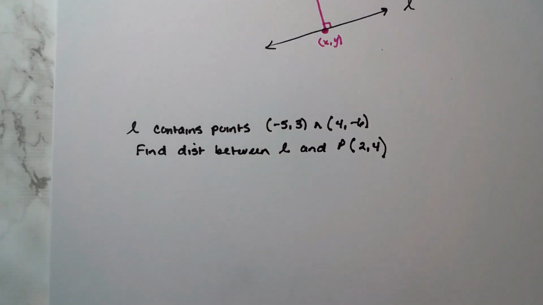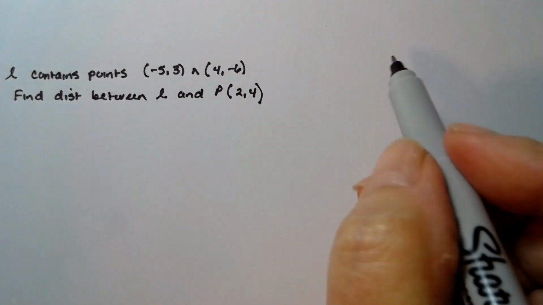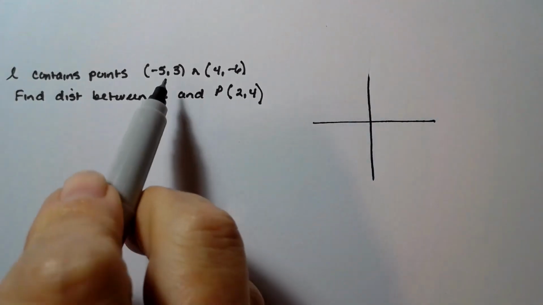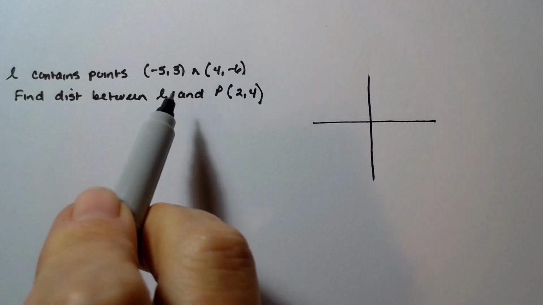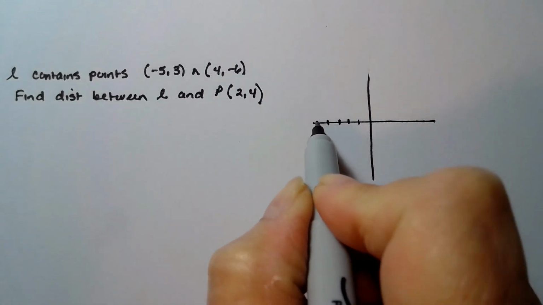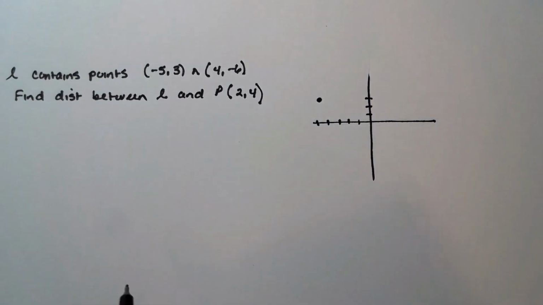Okay, so if I plot this on the coordinate plane, now I can plot these 2 points and connect them to form line L. If I go over -5 and up 3, then I have the point -5, 3.